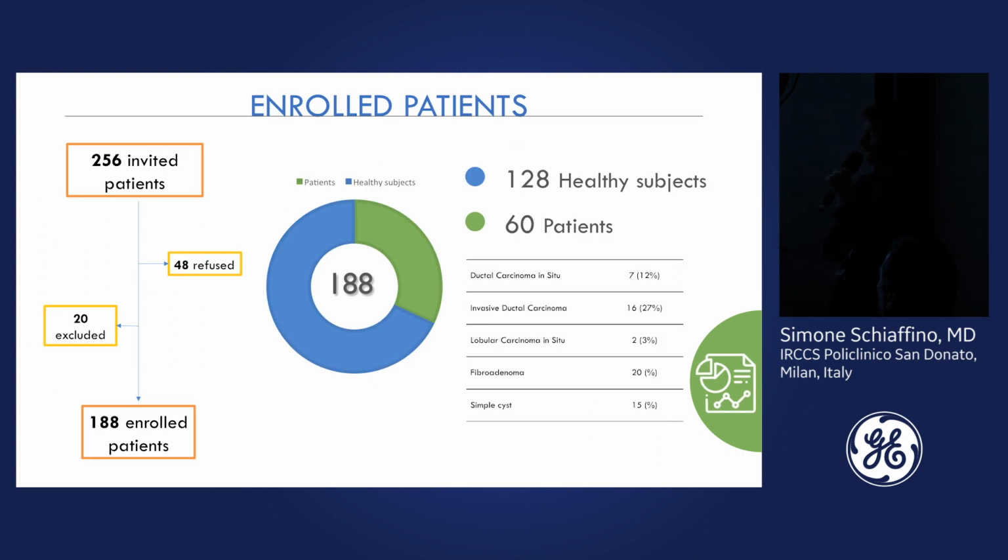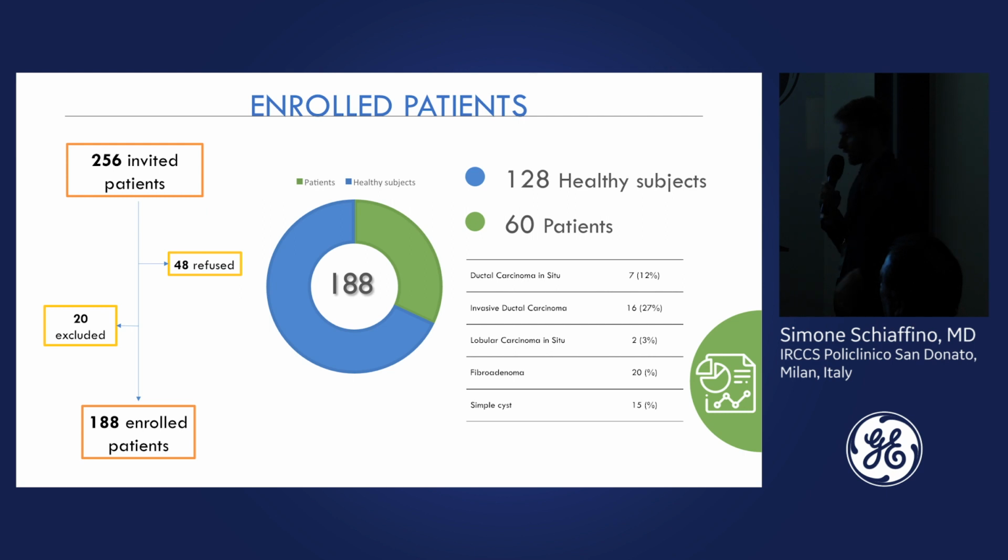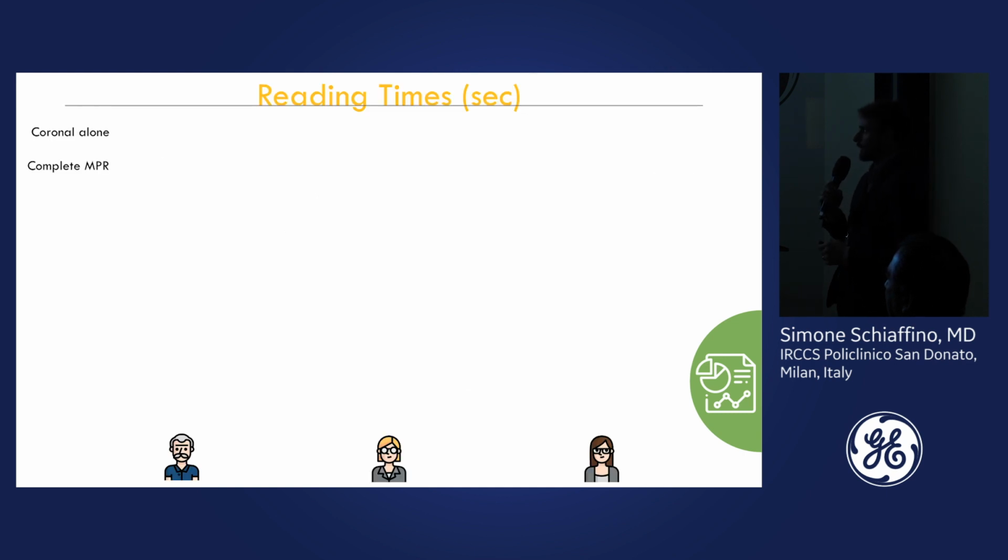From 256 invited patients, we enrolled 188 patients, including 60 patients with breast lesions and 128 healthy subjects with negative ultrasound and clinical examination, with 7 cases of DCIS, 16 cases of IDC, 2 LCIS, 20 fibroadenomas, and 15 simple cysts.